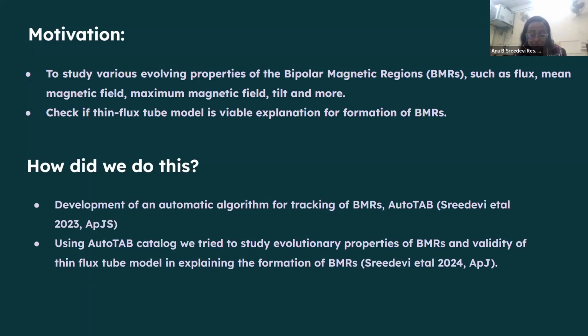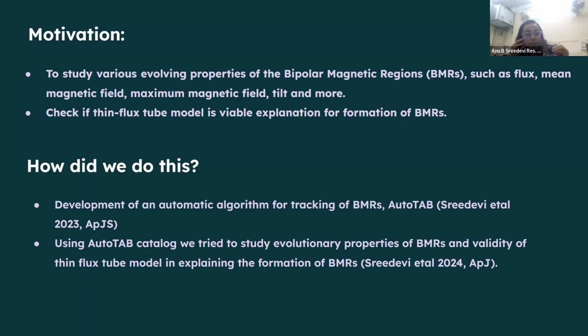We didn't have many catalogs available giving evolutionary information of individual BMRs. So we went ahead and developed an automatic algorithm for tracking the BMRs, and we are calling it AutoTAB.